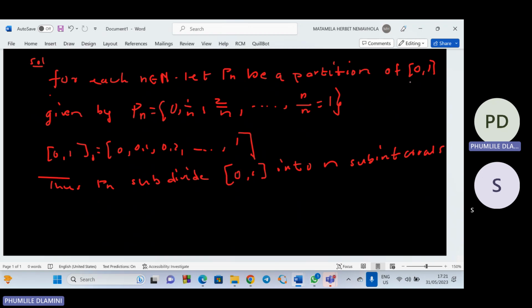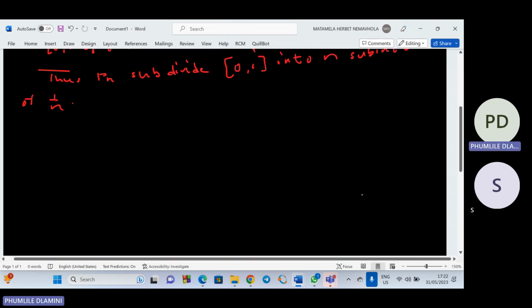So I already showed you that the subinterval is 1 over n. Therefore, we are now going to calculate our mi. We're going to start with the mi.